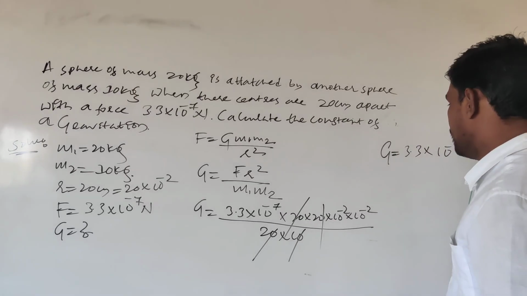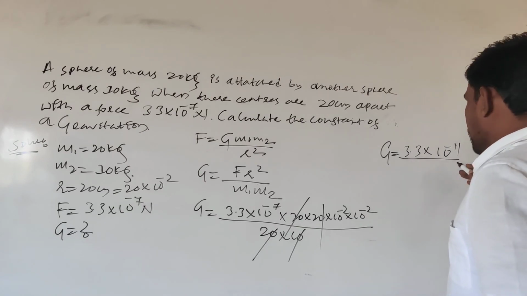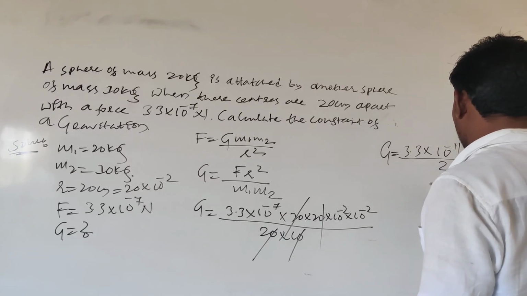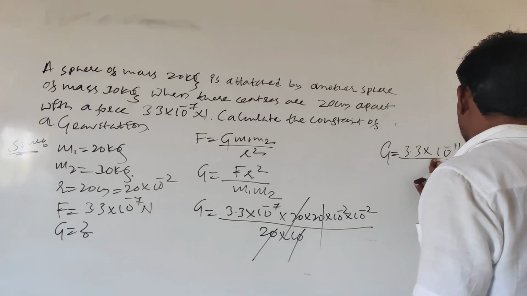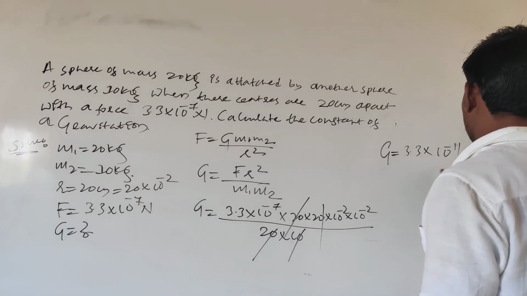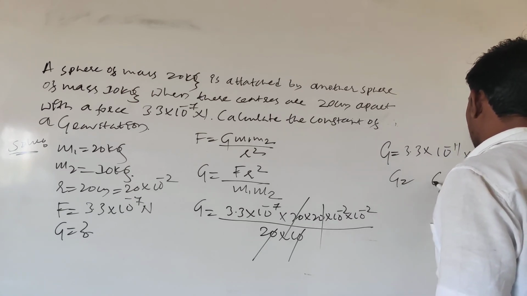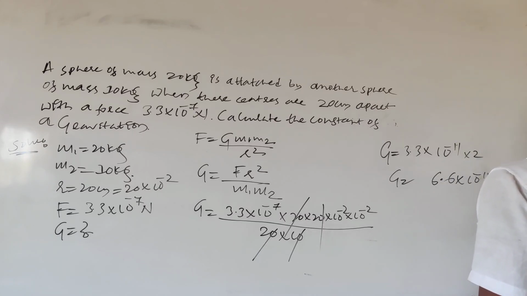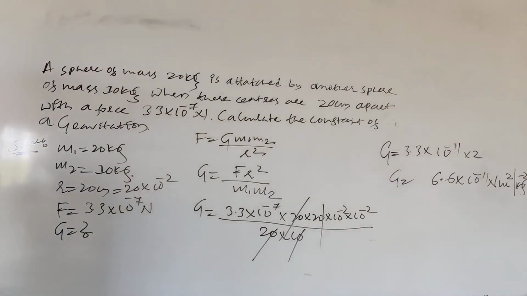Then 3.3 and the 2 cancel, so G is equal to 6.6 into 10 raised to minus 11 Newton meter square per kg square.